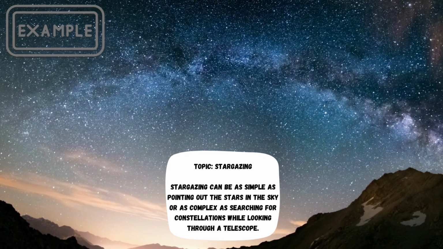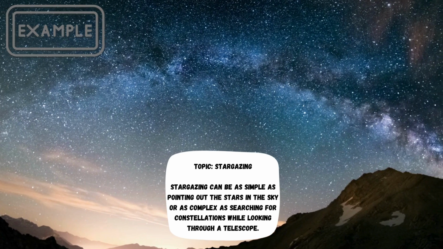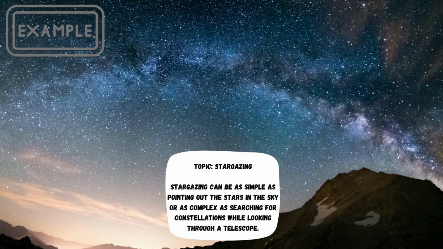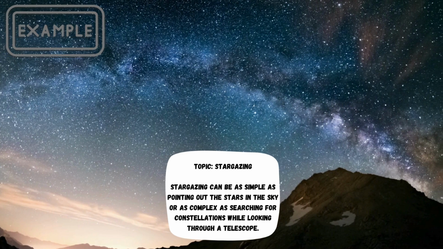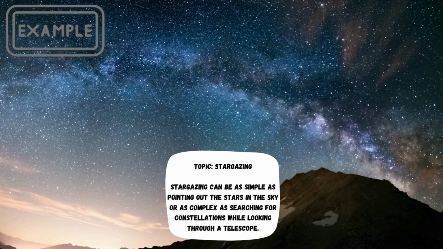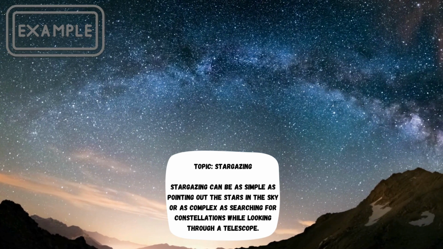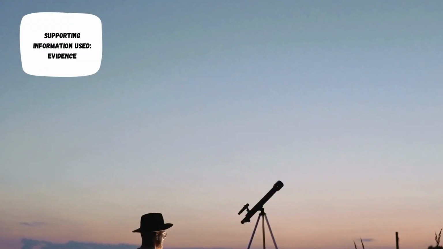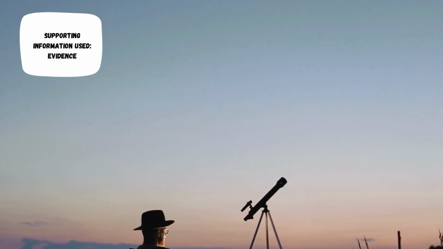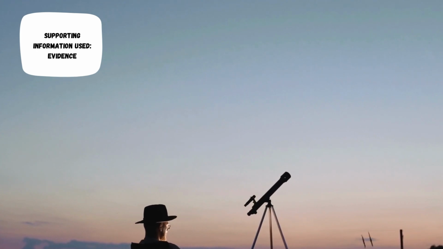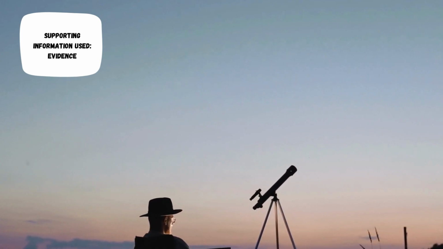In example 1, the topic is stargazing. Stargazing can be as simple as pointing out the stars in the sky, or as complex as searching for constellations while looking through a telescope. The supporting information used here is evidence.